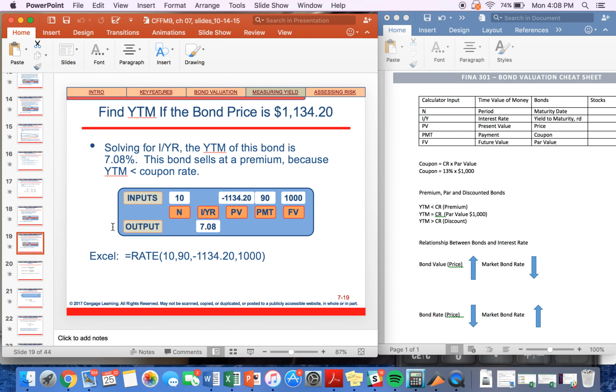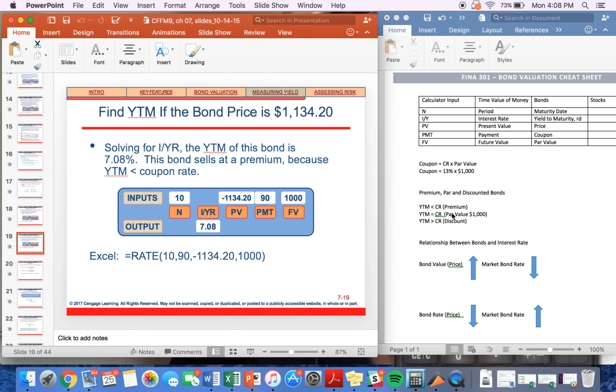So find the yield to maturity if the bond price is $1,134.20. So this is the same question. All we did is we changed the present value of our bond and solved for that yield to maturity. So before we had solved for this, we could go back and look at our rule here on our cheat sheet and say, okay, my bond, if it's selling today at $1,100 roughly, that's a premium bond because that's over $1,000.